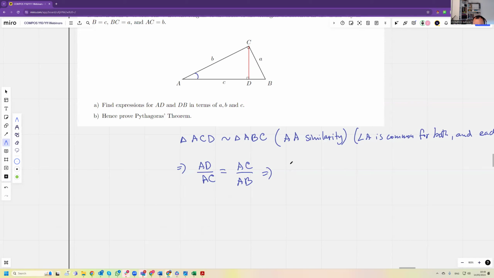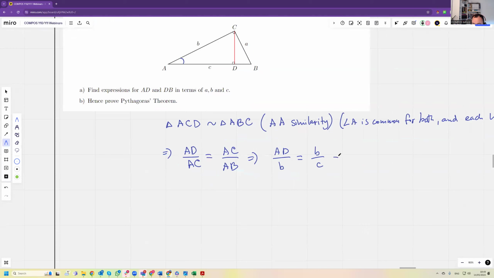We can substitute: AD divided by AC, which is b, equals AC, which is b, divided by AB, which is c. No, we can't use Pythagoras theorem in part A. We need to prove Pythagoras theorem. It says hence prove the Pythagoras theorem, so it doesn't work like that. And from here, I can express AD is equal to b squared over c.